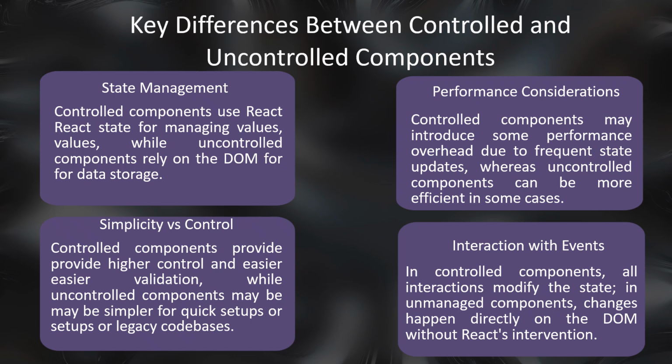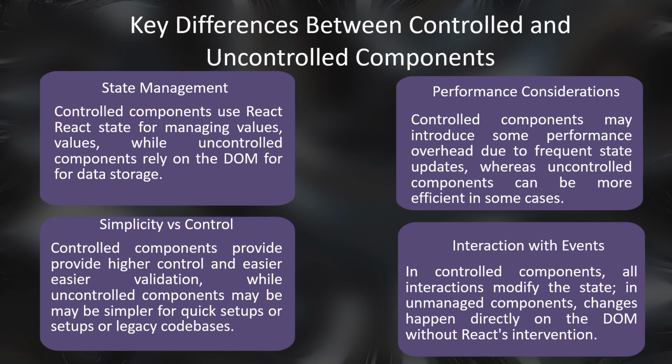Differences between controlled and uncontrolled components. State management: controlled components use React state for managing values, while uncontrolled components rely on the Document Object Model for data storage. Simplicity versus control: controlled components provide higher control and easier validation, while uncontrolled components may be simpler for quick setups.